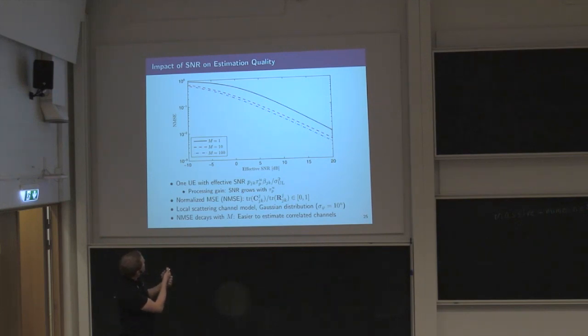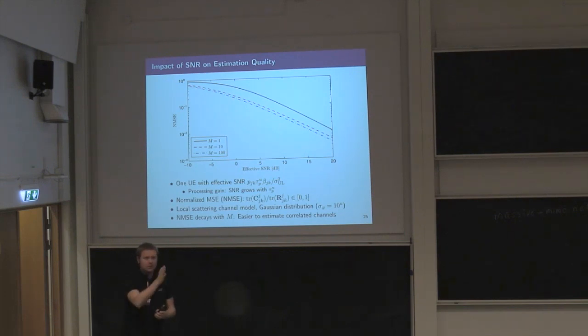The blue and red will end up at the black one. So you can essentially say, and this is an important thing you bring up, that if we can afford the complexity, we can exploit this. If we can't afford the complexity, it will not be worse than in the IID Rayleigh fading case, because we can always estimate each element separately and not use the correlation between the elements.